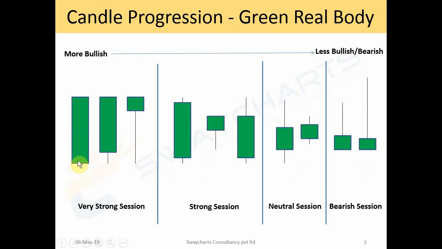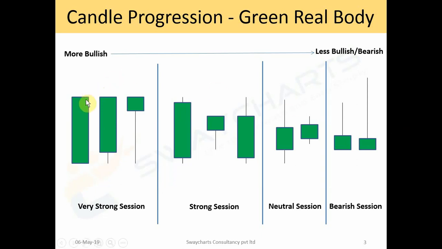So this is a very strong session. This first candle, if you see, is without any wicks, right? So there is no low of the day and no high of the day represented by any lower shadow or upper shadow. The reason for this candle being like this is that the day started with the open around the low itself, and the entire day the bulls were in command, and they closed the day also at the day's high.